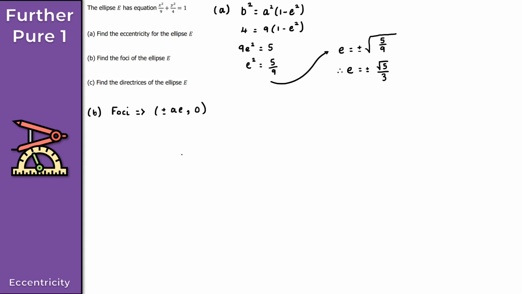Here a is the square root of 9, so that would be 3. We then multiply that by e, which is root 5 over 3. So 3 lots of root 5 over 3, the 3s cancel, and I'm left with plus or minus root 5. So the foci are at plus or minus root 5, 0.